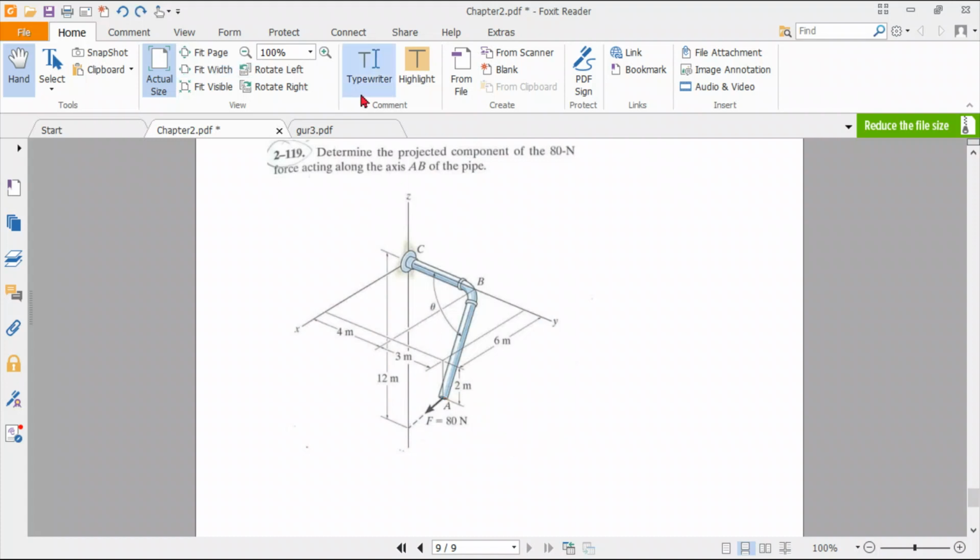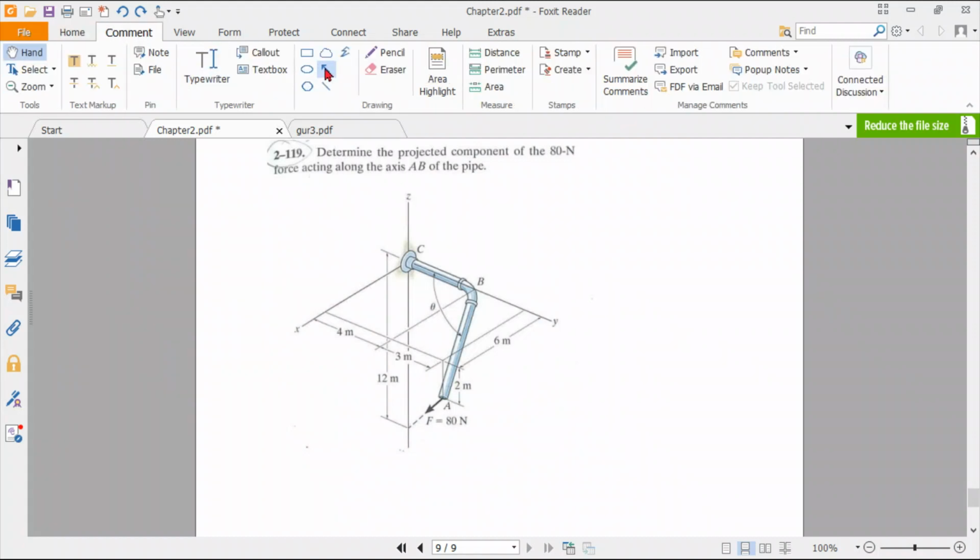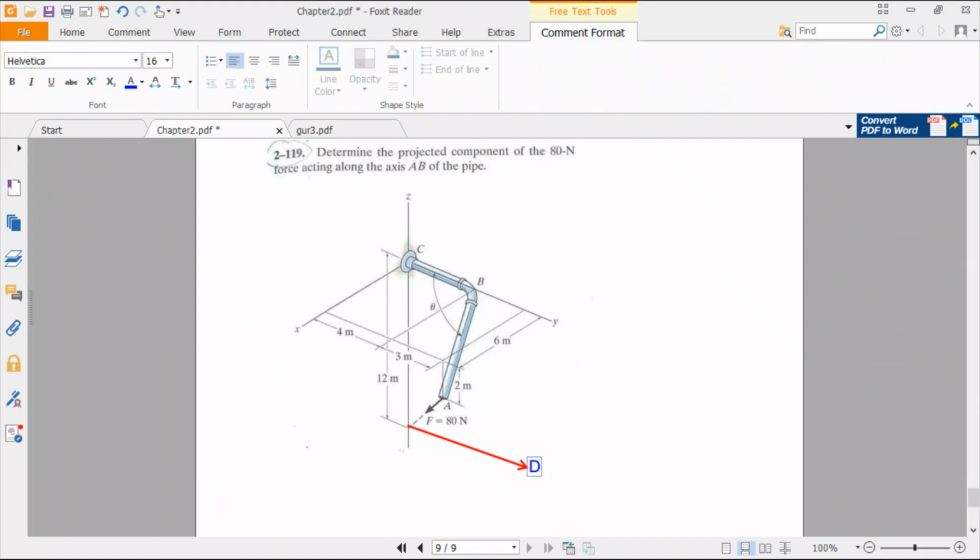This point is D. Okay, so now we have the points C, B, A, and D.